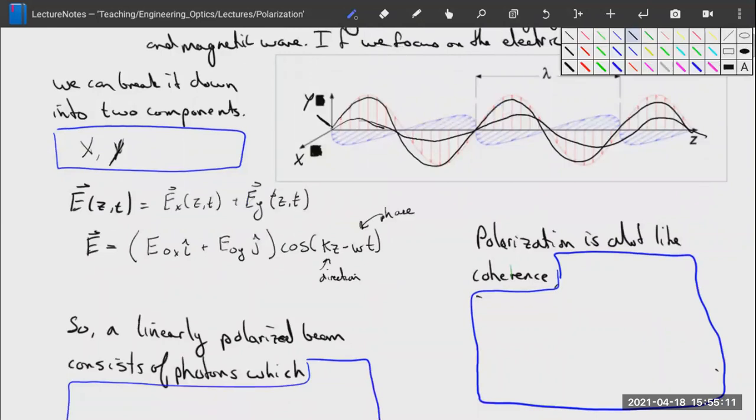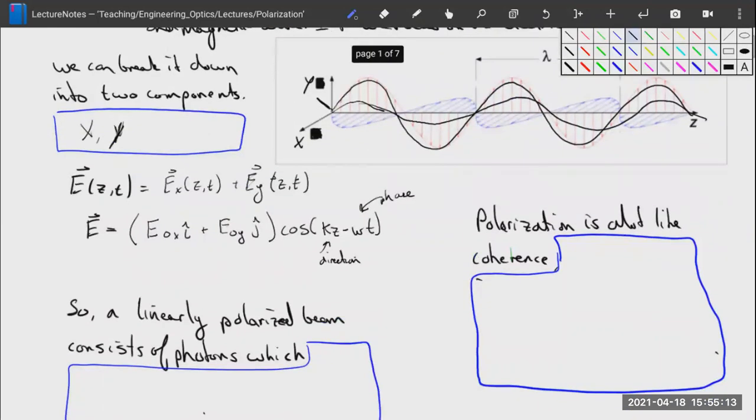So what's interesting about polarization is that it's a lot like coherence. Every photon is polarized. So remember how we talked about how the double slit experiment works, even if you send a single photon at a time. Polarization works the same way. Every phenomenon that works with polarization has to work with a single photon at a single time.